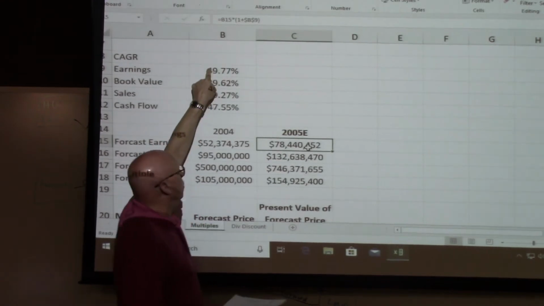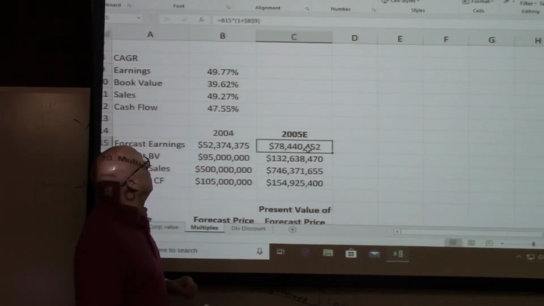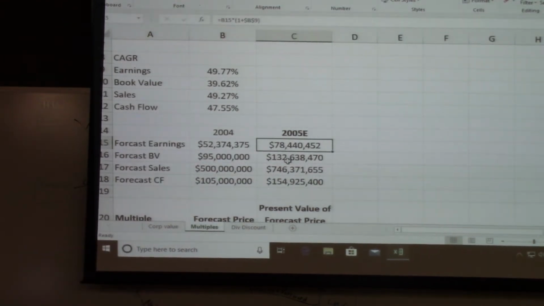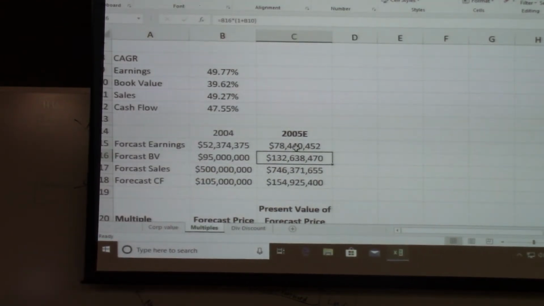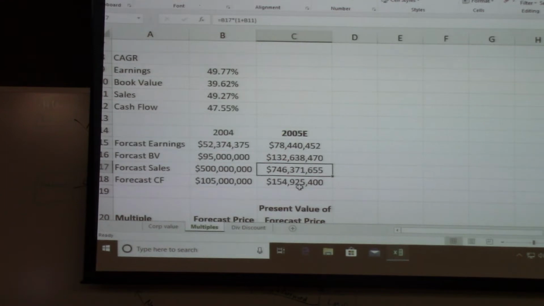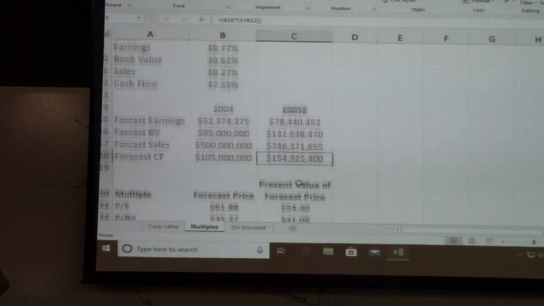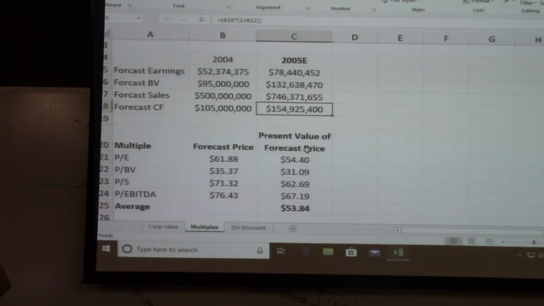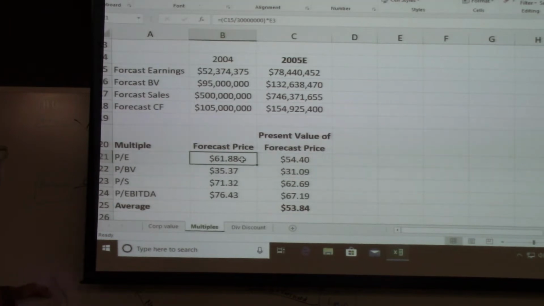Once again, here's the formula up here. Okay? And let's make sure we're not, there you go. Okay. B10, yes. And so we're doing that with each of the 2004 numbers multiplied times 1 plus their CAGR to get our forecast number for 2005.